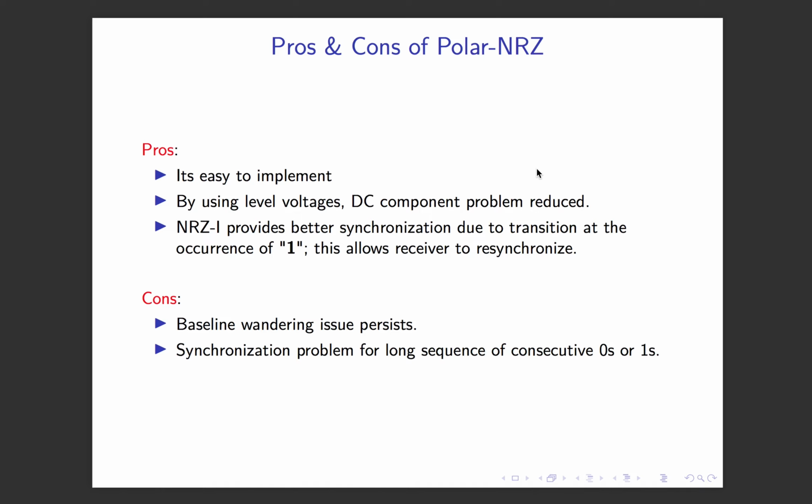We know there is still some amount of baseline wandering, as we discussed in the NRZ-L scheme, because it solely relies on the level voltage mechanism, and there is a synchronization problem for a very long run of consecutive zeros or ones. We have seen in the NRZ-L scheme, if there is a trail of zeros and a trail of ones, the level voltage remains at the same level. So if there is any error, the receiver can't understand whether that 1 or 0 resulted from the error, or is in the data pattern.